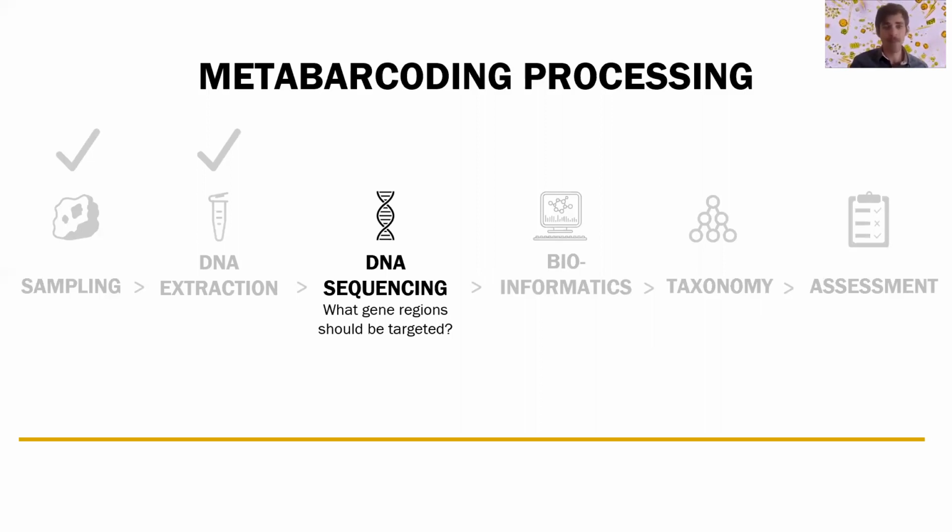There are several different aspects of sequencing DNA, but I'm going to focus on what gene regions should be targeted, because again, with metabarcoding, we're focusing on specific short segments of DNA that are supposed to be taxonomically informative for the group that we're interested in, in this case, diatoms. So of all the genes in a diatom genome, we need to focus on a specific segment that allows us to identify species across the board.